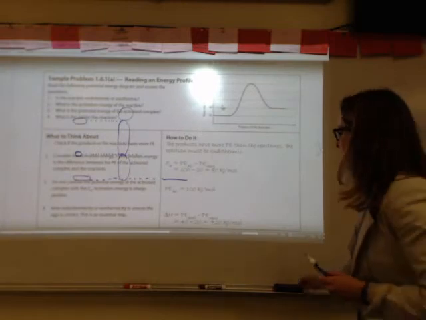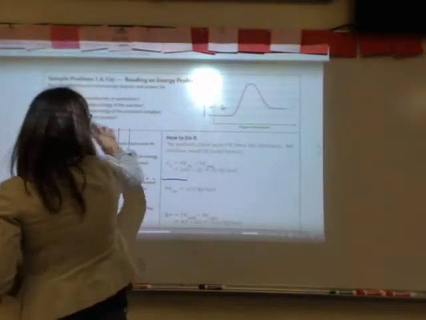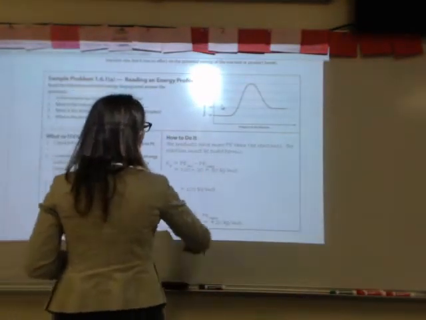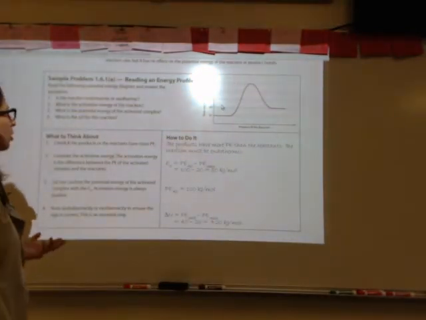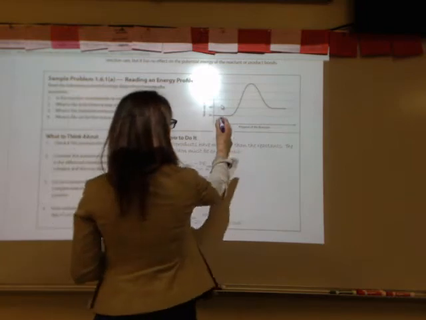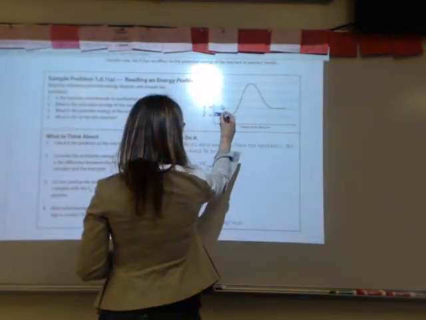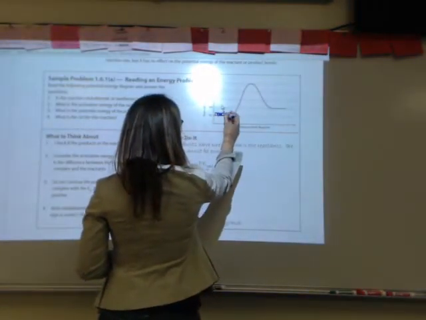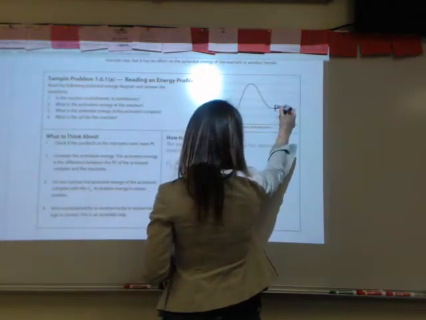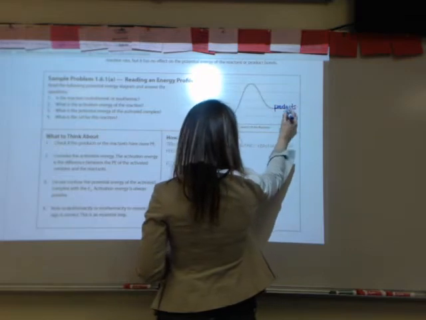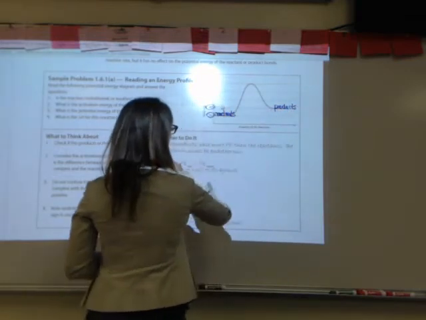here in this sample problem, you'll notice that this curve looks a little bit different, okay? Is this reaction endothermic or exothermic? Well, my reactants are here, and their potential energy is 20 kilojoules per mole. My products are here, and their potential energy is 40 kilojoules per mole.